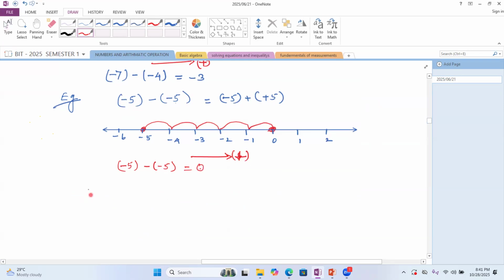Multiplying positive and negative numbers.